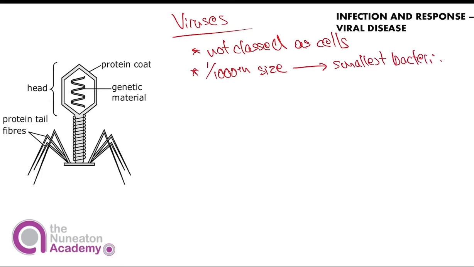Now, in terms of their job really and what they do to cells when they cause an infection is that, in the simplest form, what they do is they insert themselves into cells and they replicate themselves many times over.